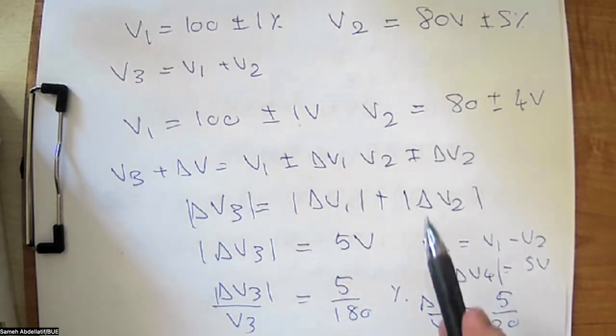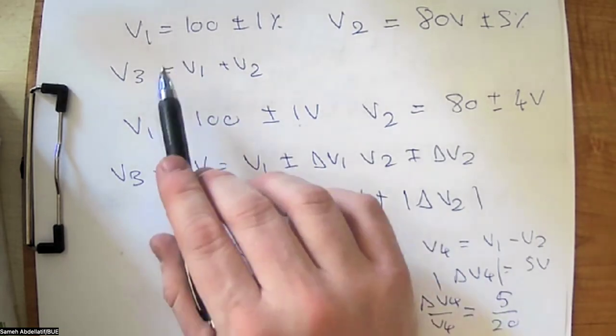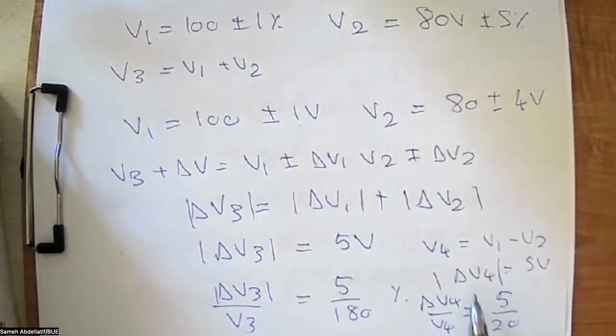Why 20? Because the value is 100 minus 80, which is 20. So the error will be a big error, 25%. You can see the difference, but the same process is applied. So this is how you can do it in either addition or subtraction format.